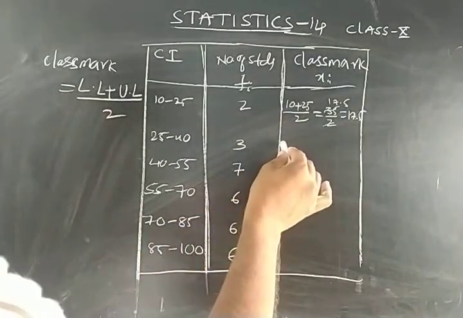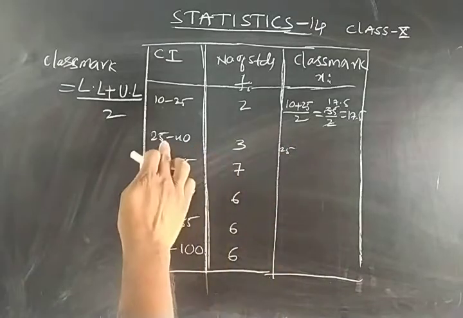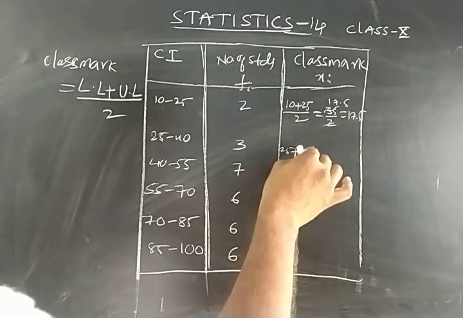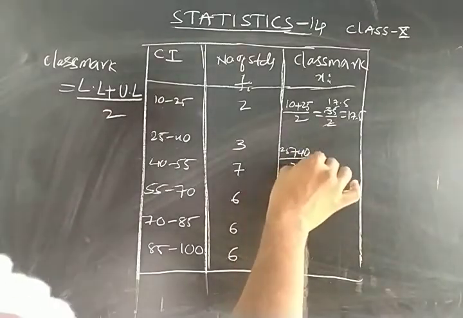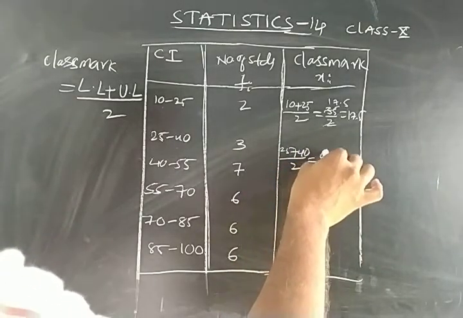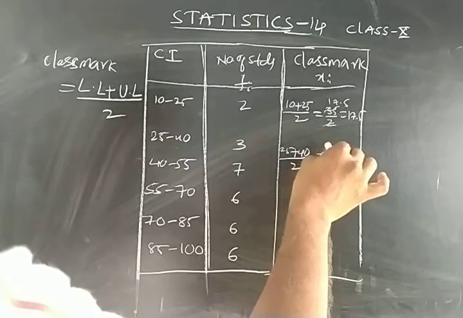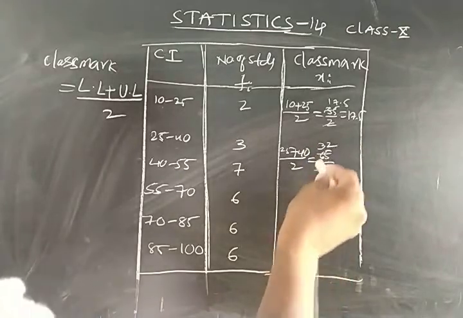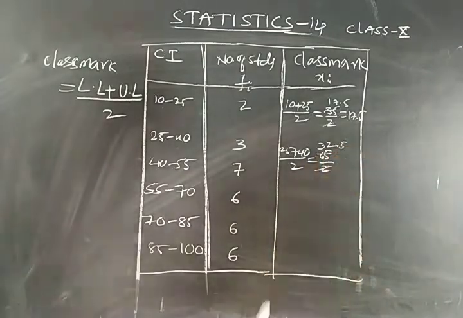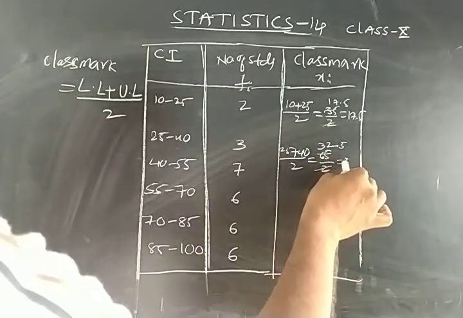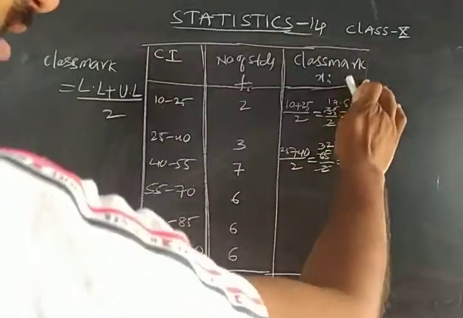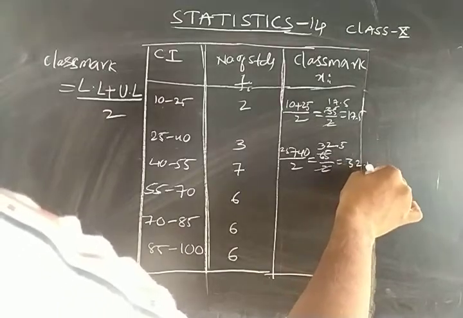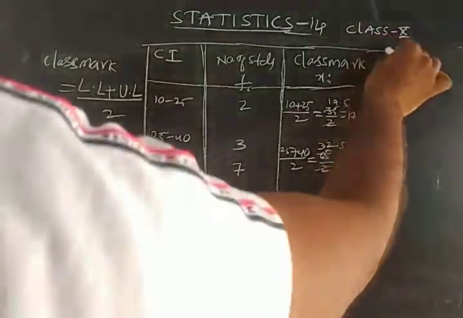Next, for the interval 25 to 40, what is the class mark? 25 plus 40 by 2. 25 plus 40 is 65, 65 by 2 is 32.5.